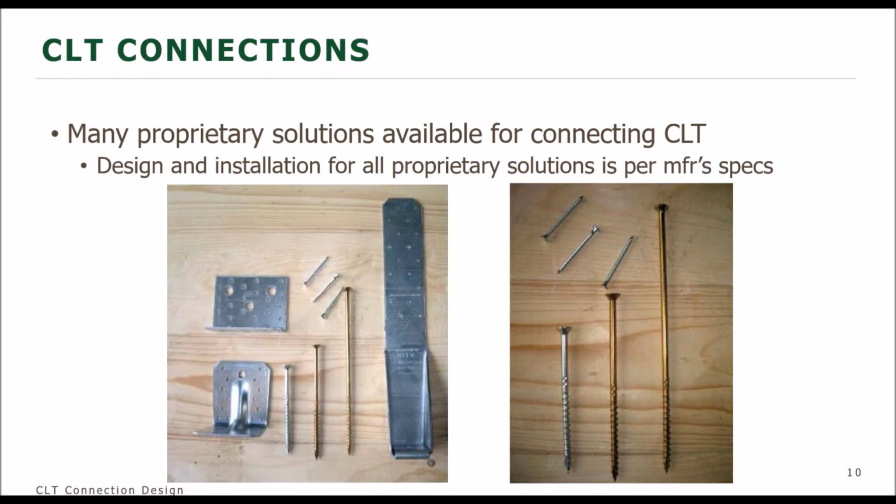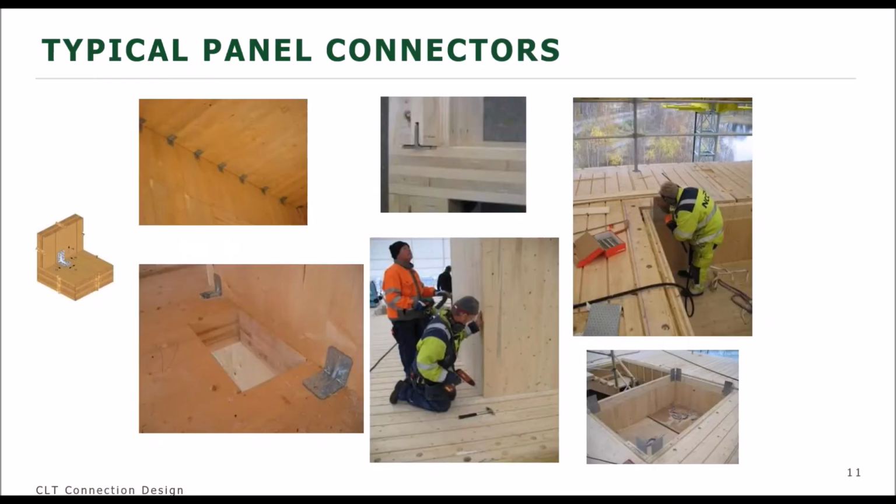So we commonly see different types of fastener solutions for the different types of panel joints we have, and here are some examples of different types of fasteners. You see where we've got panels intersecting at 90 degrees, something like a wall-floor connection or a wall-ceiling connection.